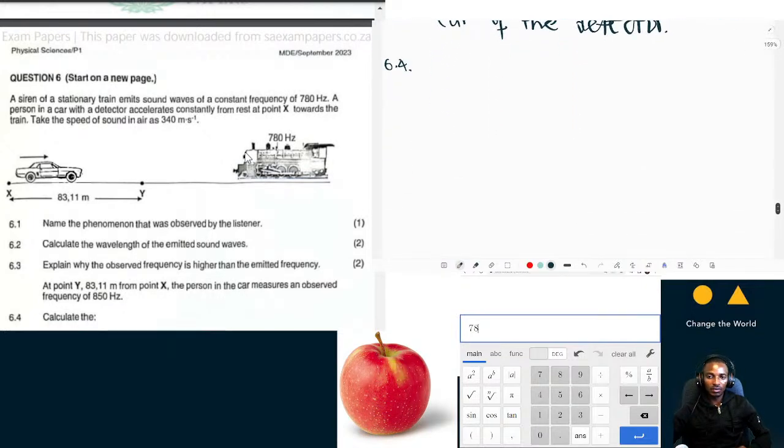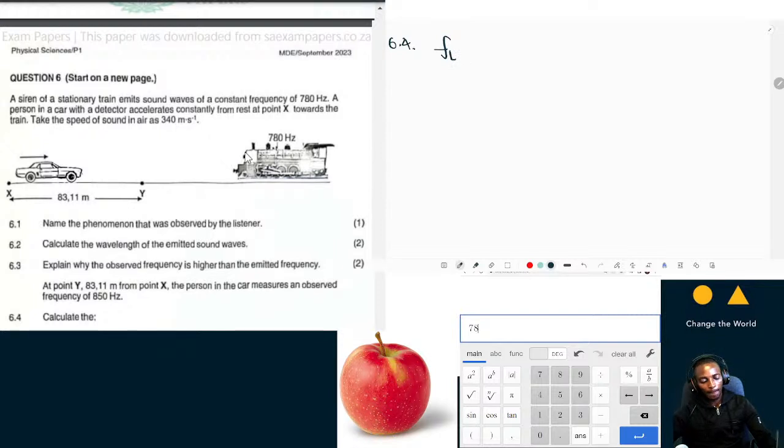Now we recall the Doppler effect formula. The frequency of the listener is equal to the speed of sound plus or minus the velocity of the listener, over v, the speed of sound in air, plus or minus the velocity of the source, times the frequency of the source.